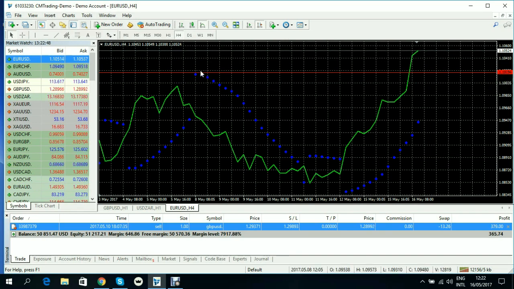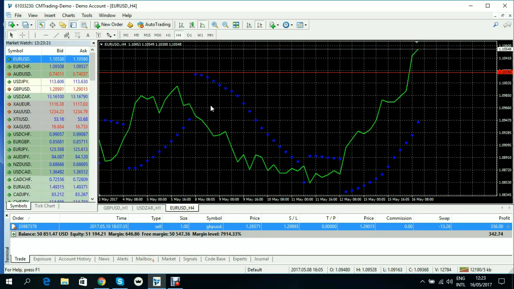All you need to do is to go for the horizontal line and draw it exactly on top of the first parabolic dot, and then the price will show here. We actually looked at how to place stop losses already, so I think you should be able to do that easily. Then you place your stop loss here to protect what?